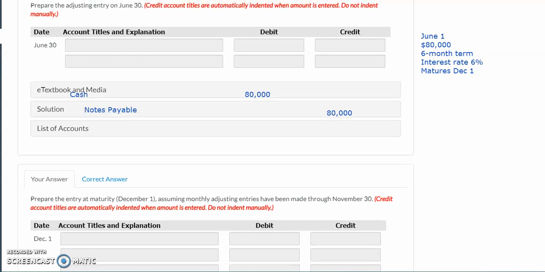All right, so we're going to compute interest by looking at the annual interest rate. So we're going to start off with the interest formula, which will start off with the face amount of the loan times the annual interest rate times the time period for which we are computing interest.